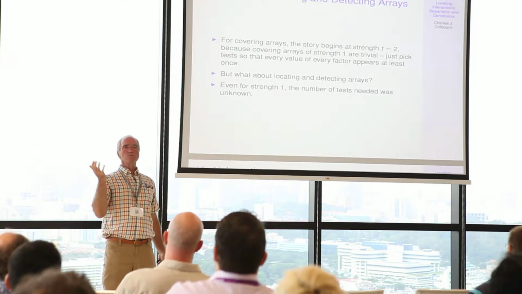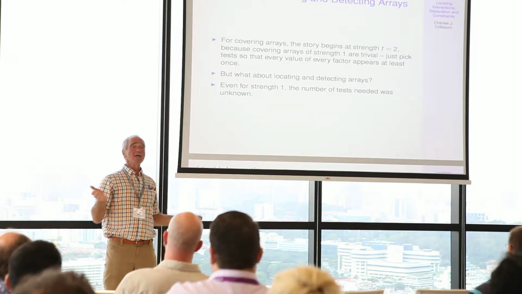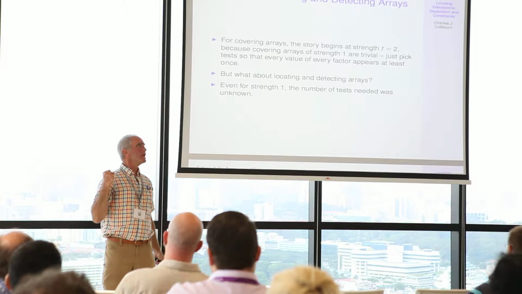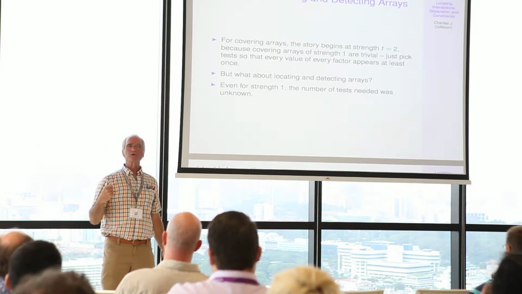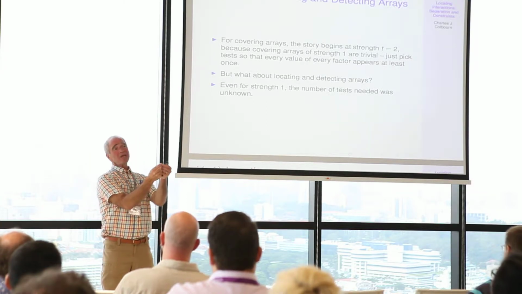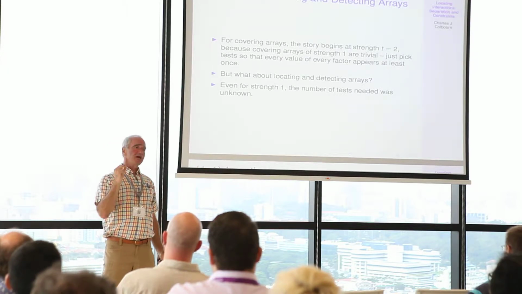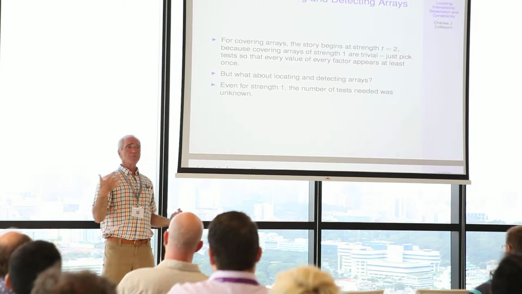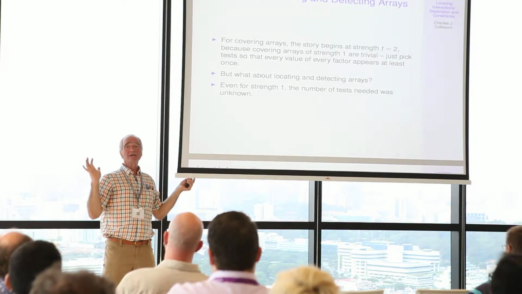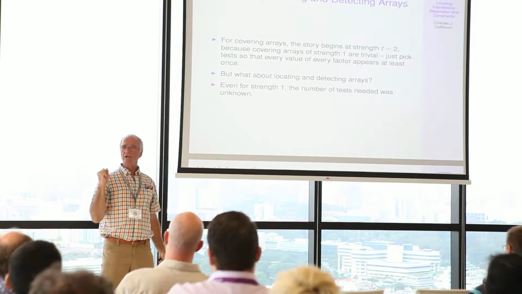And you might say, why not start at strength 1? You think about this for 1 second and you go, well, if I just choose tests so that every value for every factor appears in some test, that's trivial to do. And so covering arrays of strength 1 are of no interest.